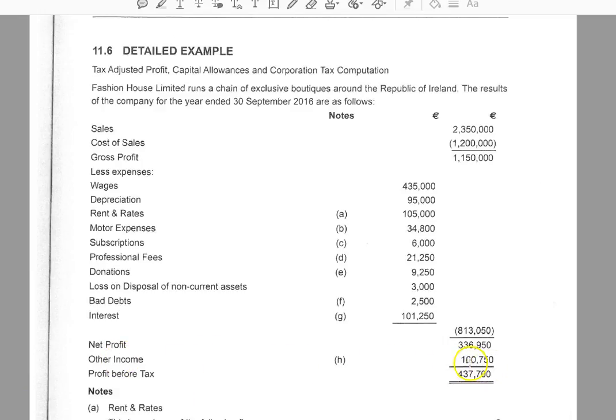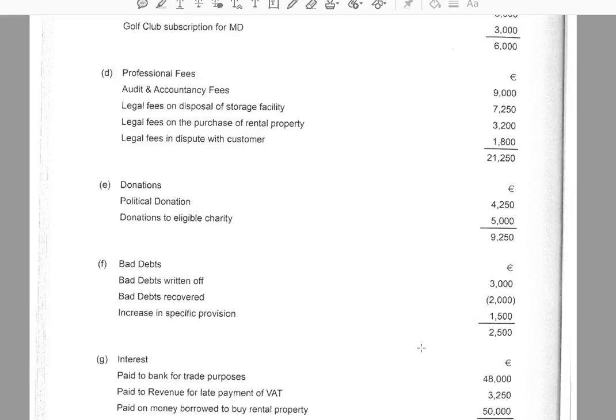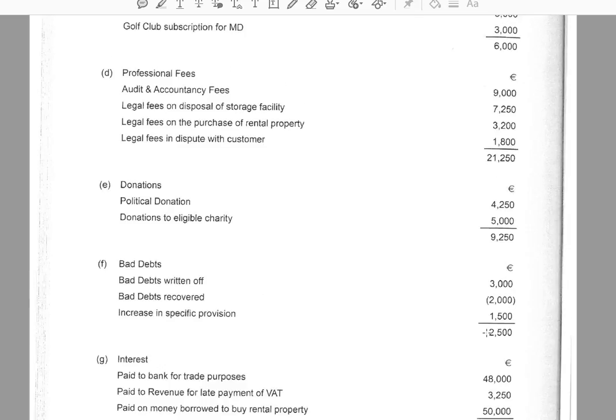If I go to note, so it tells us this is other income. If we look in this note H, dividend received from our resident company, okay, that's non-trading income. That shouldn't be included as trading income, so that needs to be deducted. And gain on disposal of building, that's a chargeable gain, that shouldn't be included either. That's not trading income, so we have to take them out.